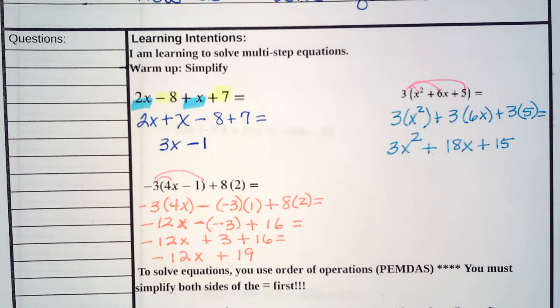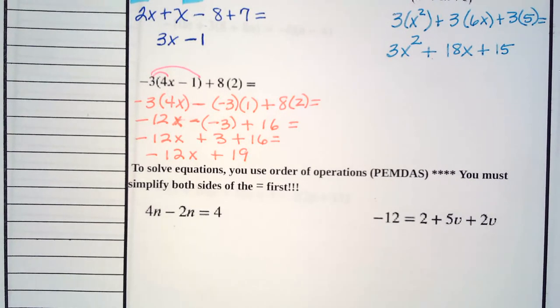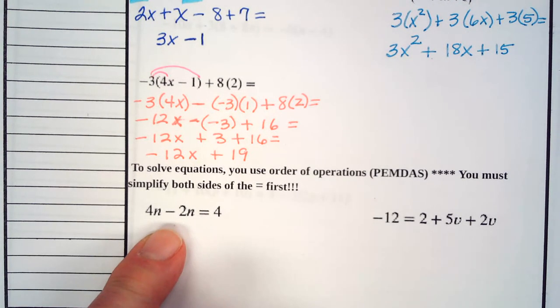Okay, so this is leading us into solving equations. You solve equations using the order of operation, PEMDAS. Parentheses, then exponents, then multiplication or division, then last you do addition or subtraction. You've got to simplify both sides of the equation first. So if I'm looking at this first equation, is this side simplified?